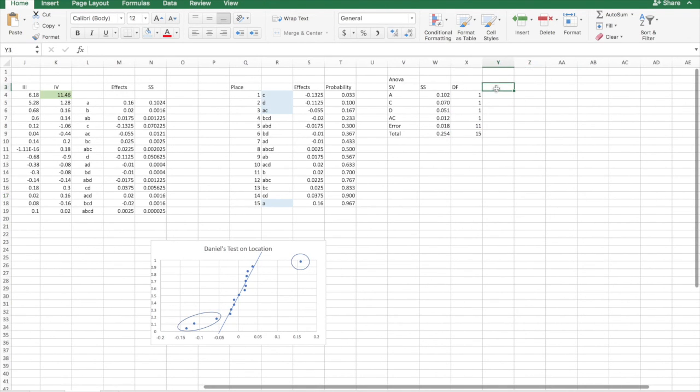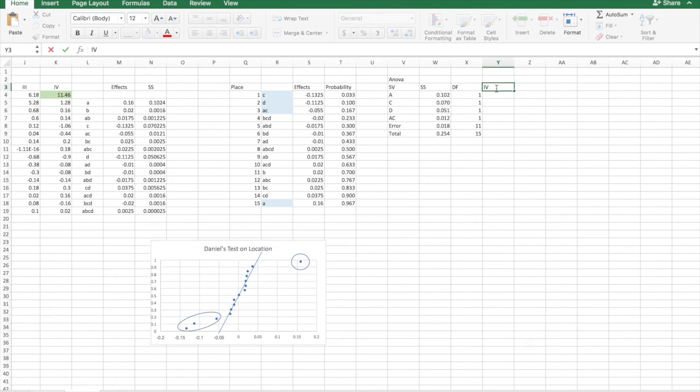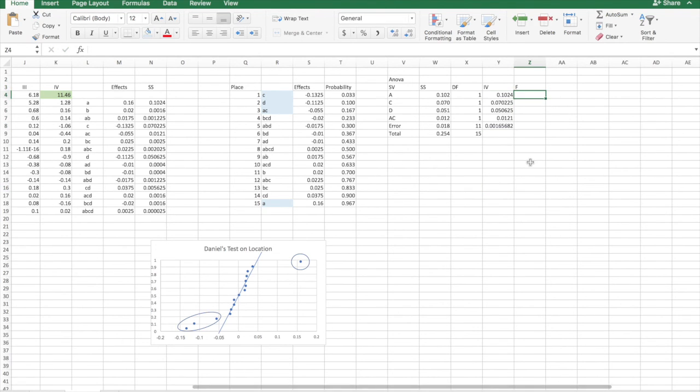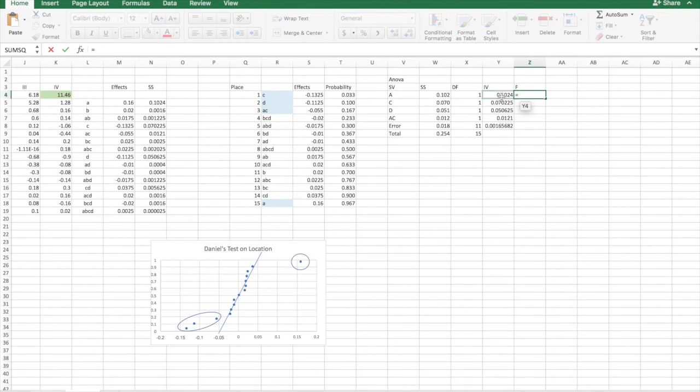Now we have to calculate the individual variance. The individual variance is the sum of squares divided by the degrees of freedom. And then we have to calculate the F for each factor, which is its individual variance over the individual variance of the error.